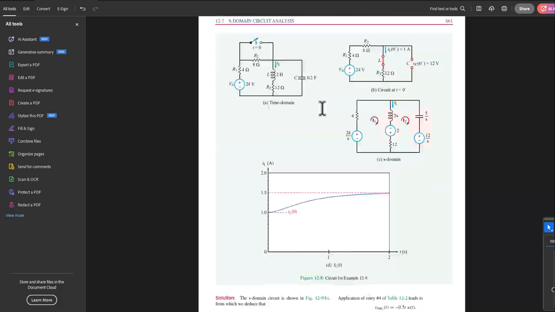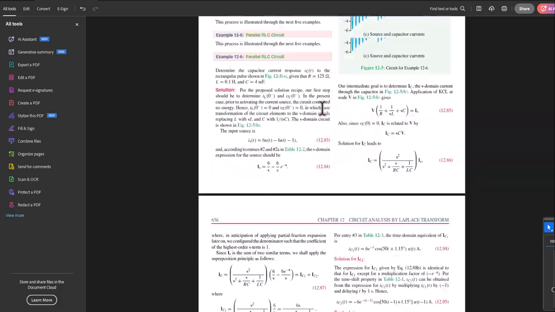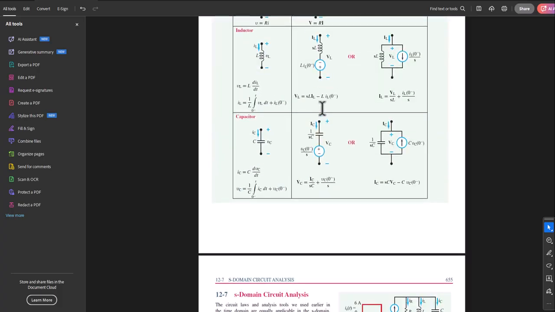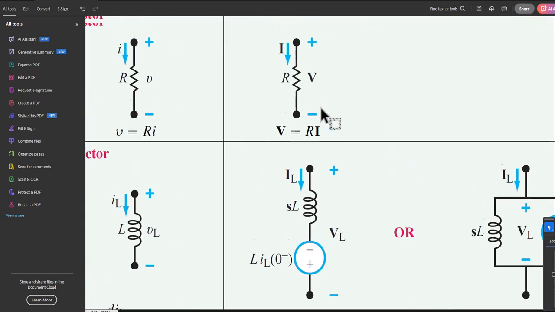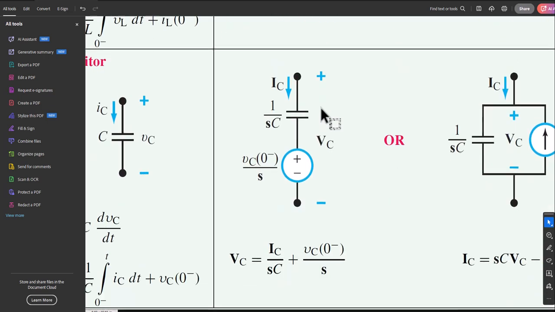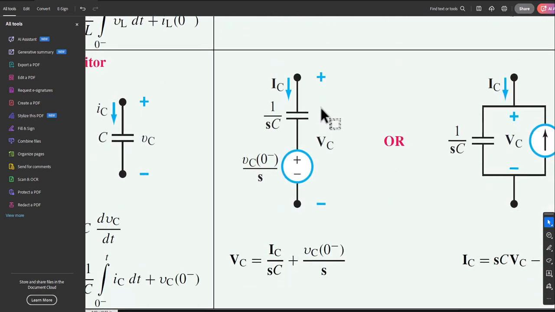We have that capacitors become 1 over SC and inductors become SL, but capacitors get added with them a voltage source that has the polarity of the voltage source looking like the way it is there.